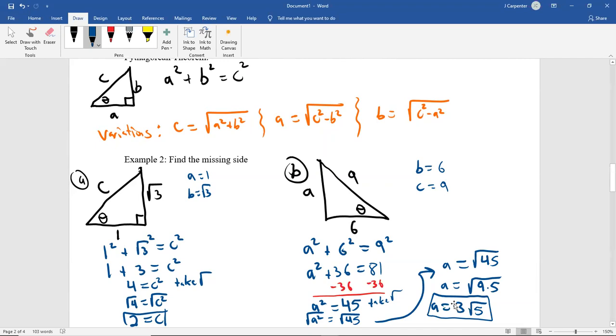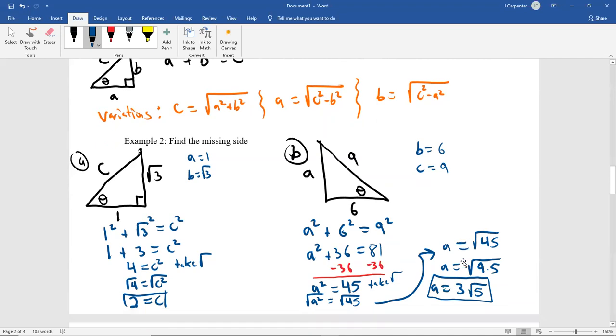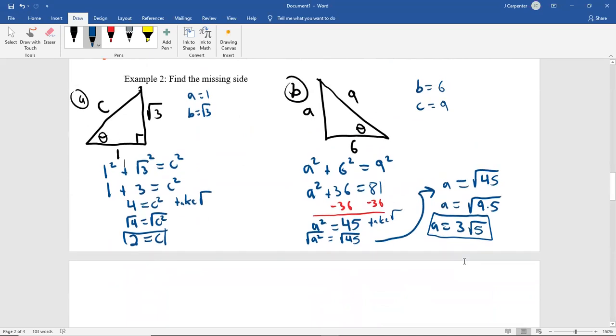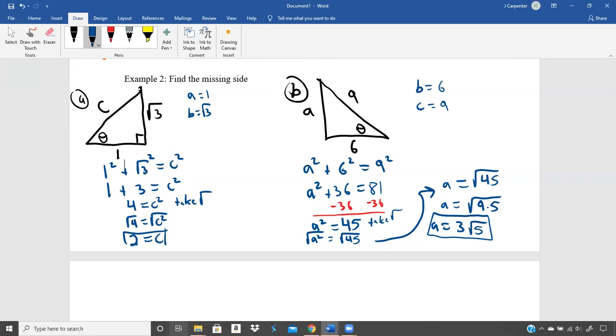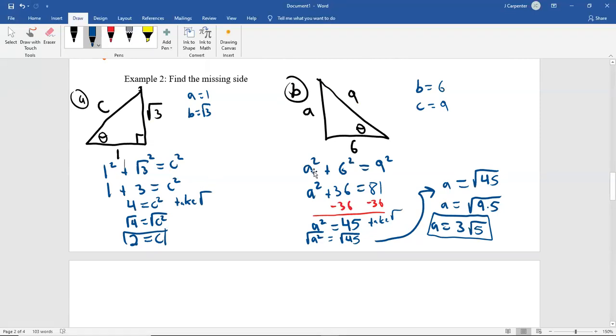So that's how we can find a missing side, whether it's the hypotenuse or it's one of the two legs. And it never matters which of the two legs you're looking for, and it never matters what variable you call the other one. I could have called them x in both instances, but I just tend to call hypotenuse C and a leg either A or B personally.